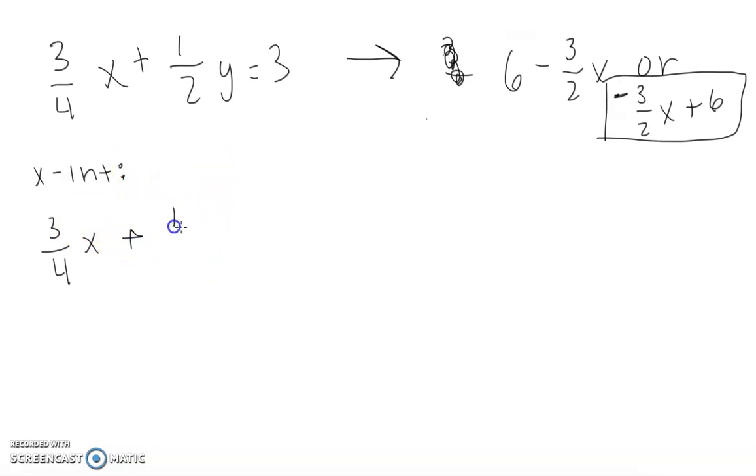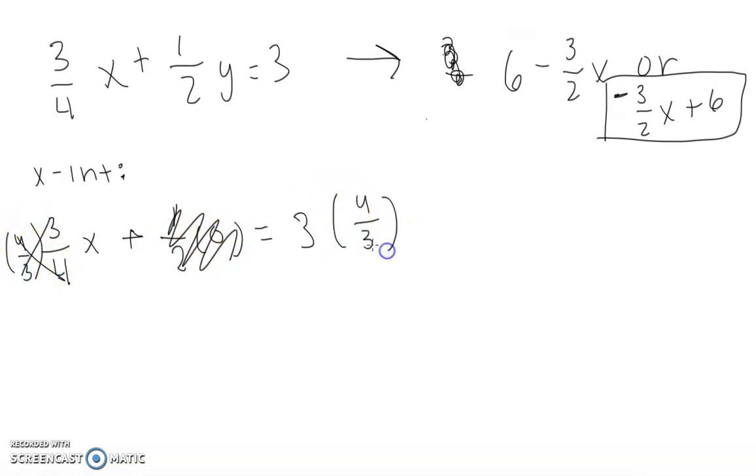Okay, so all we're going to do now is make the y 0 because we're finding the x-intercept first. It's 3. So now this gets canceled out. You'll multiply this by 4 over 3 because it's a reciprocal. The 3's get canceled out. The x-intercept is 4.